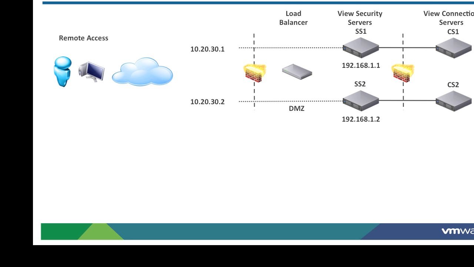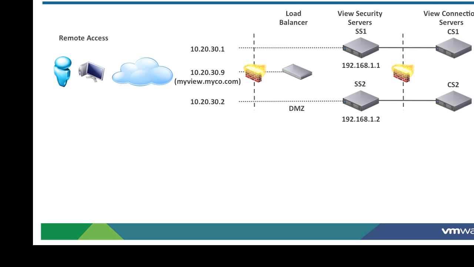Instead, the security servers will have external IP addresses that are meaningful on the internet. So you can see here that external IP addresses 10.20.30.1 and 10.20.30.2 are the IP addresses that would be used by a View client to access those particular security servers.